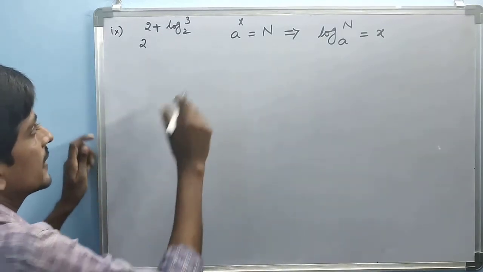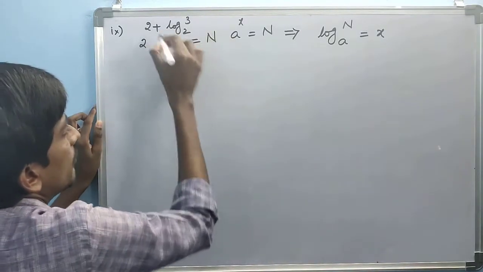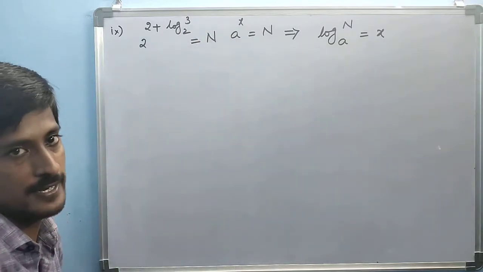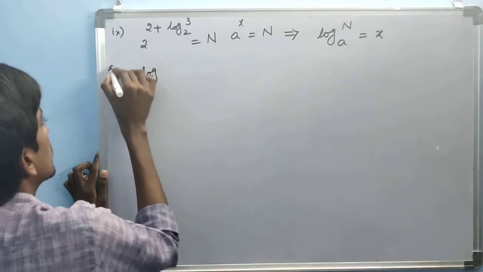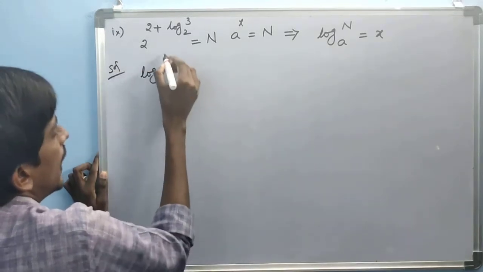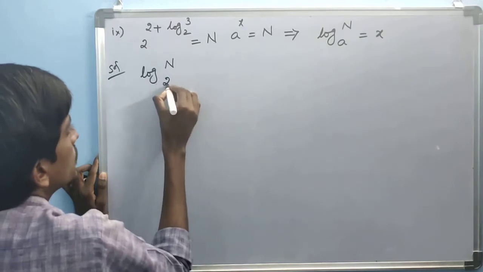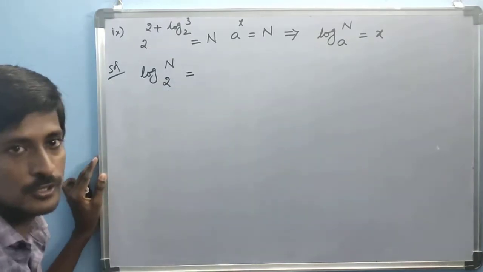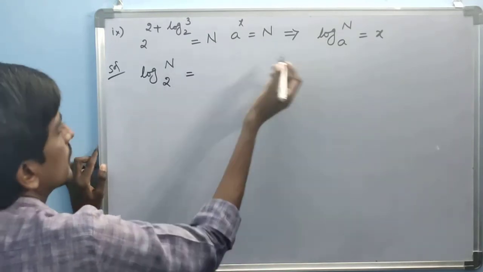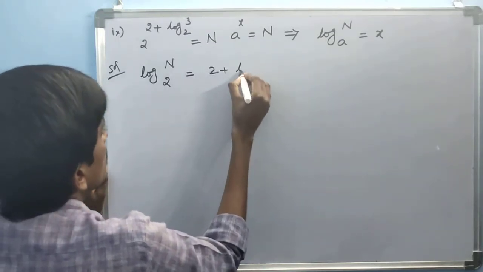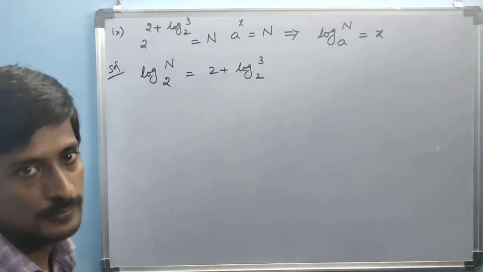So here also like that, it is n. This exponential form is equals to n, for example. So logarithmic form conversion. Log n base 2 is equals to, okay, or x, you can take any letter, 2 plus log 3 base 2.